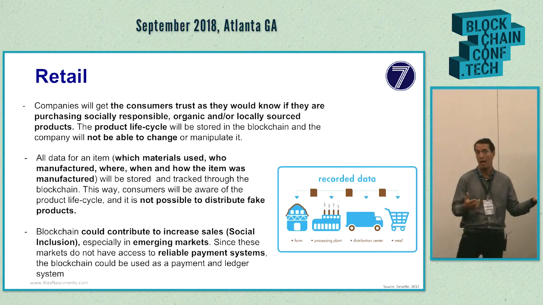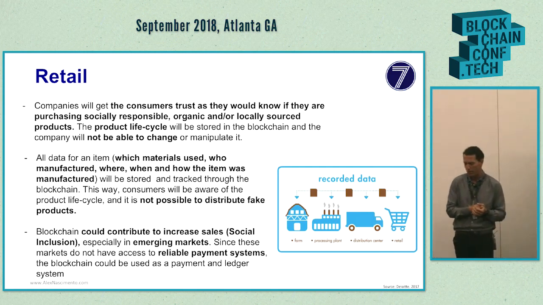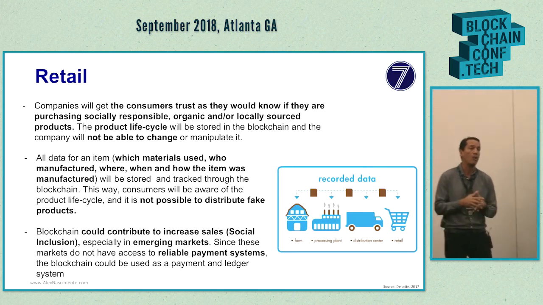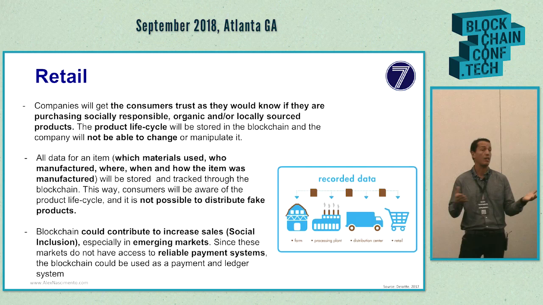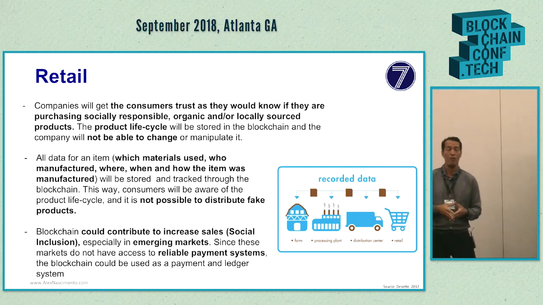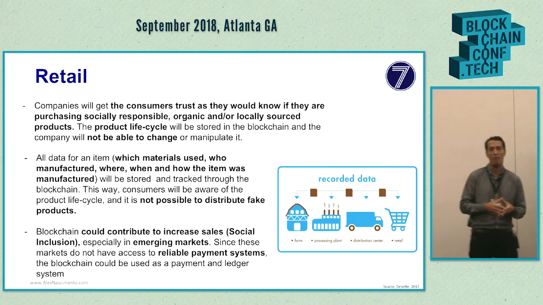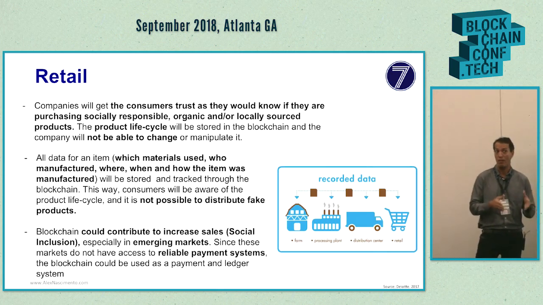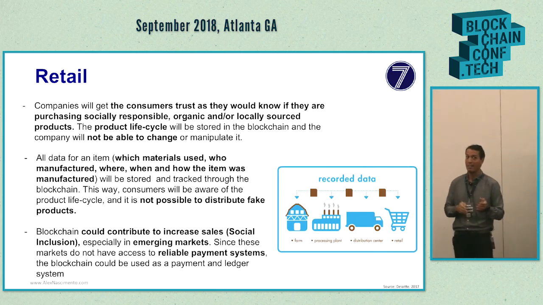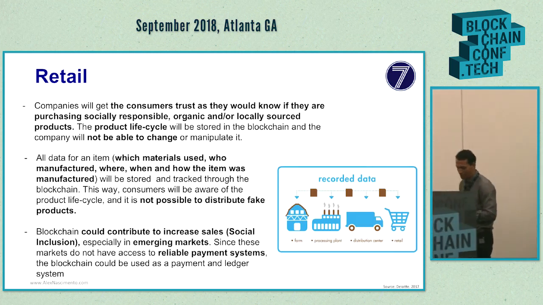Another thing that will happen, analogous to what the previous speaker mentioned, is that it's going to be really hard for you to distribute fake goods. So if you are planning on giving your wife a knocked-off Gucci bag for Christmas and thinking that she's not going to find out, well, I would think twice.